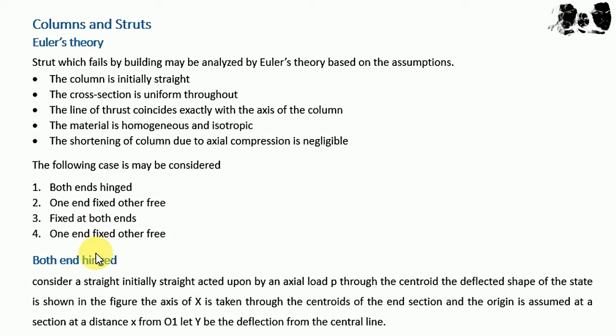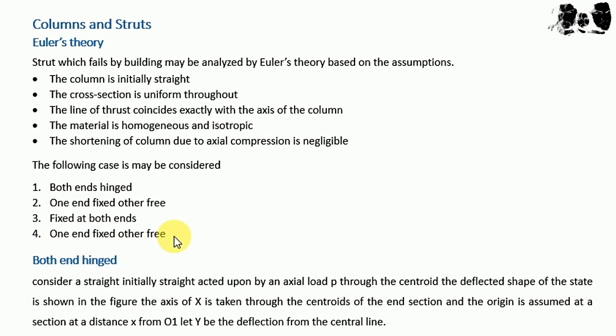The first condition is both ends hinged, or pinned joint. The second is one end fixed, other free. The third condition is fixed at both ends, and the fourth one is one end fixed, other free.